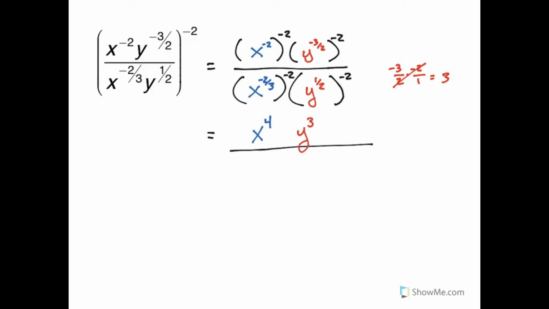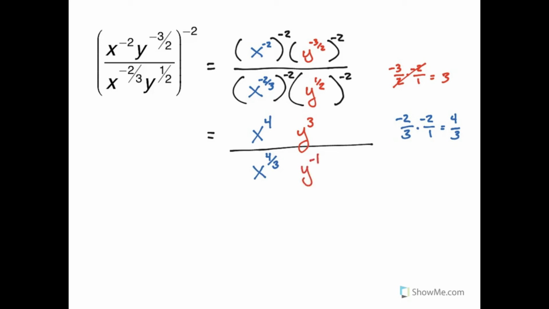On the bottom, negative 2/3 times negative 2 gives me positive 4/3. So I have x to the positive 4/3, and y to the 1/2 times negative 2 is just y to the negative 1.